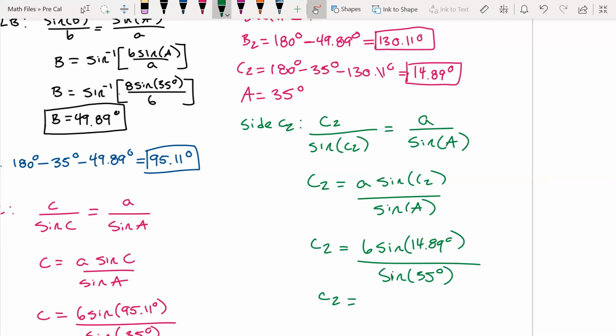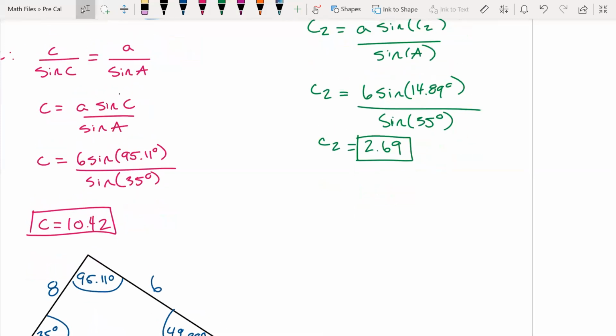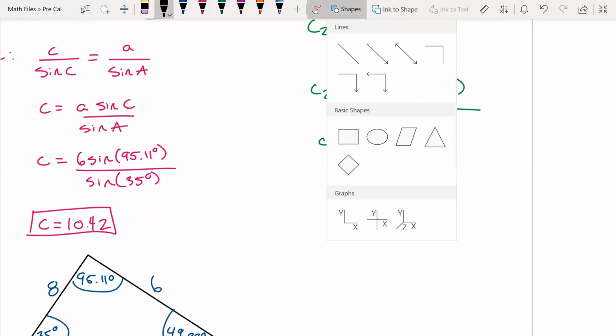And side C2 is going to be 2.69. Good. There you go. And now we have all the pieces for that triangle.